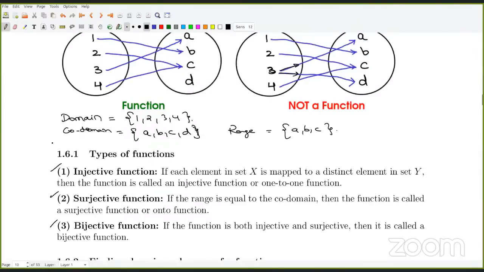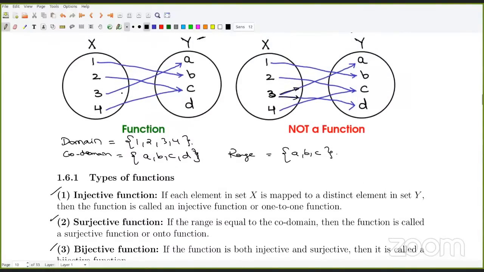Here in the same example, this is not an injective function because 2 and 4 are giving me the same output C. If 4 is mapped to D, then you see for every different input, we have different outputs. So then this will be an injective function.